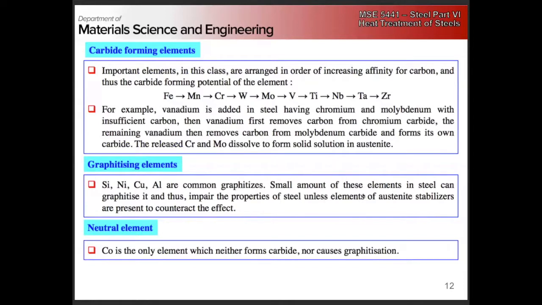So then you need a high degree of austenite stabilizers in there to counteract this effect. Because you don't want a ferritic pearlitic steel, which involves cementite for strengthening, to have all of that cementite turn into graphite and lose your strengthening ability. Cobalt is the only common alloying element which is neither a carbide former nor a graphitization enhancer.